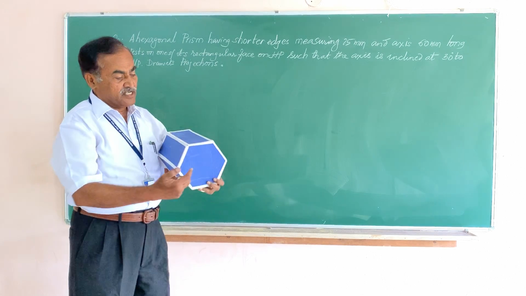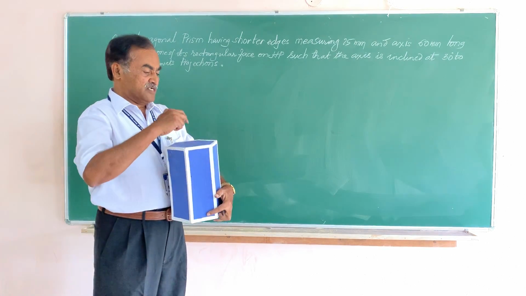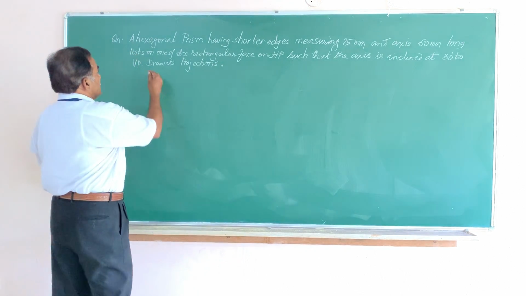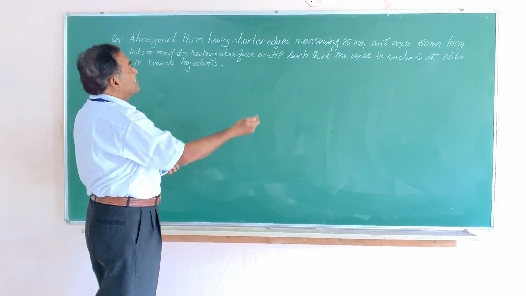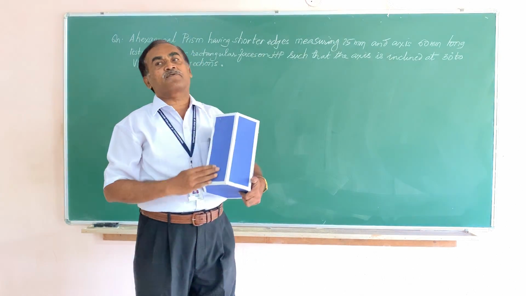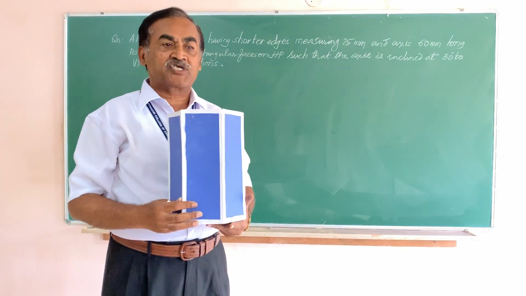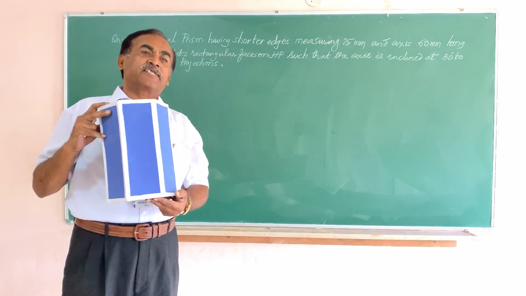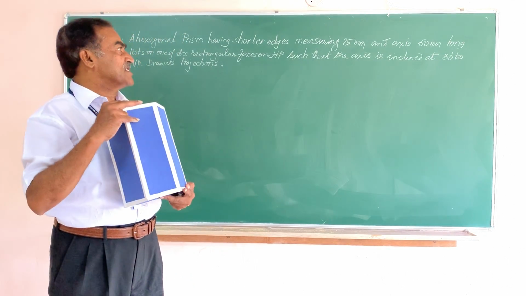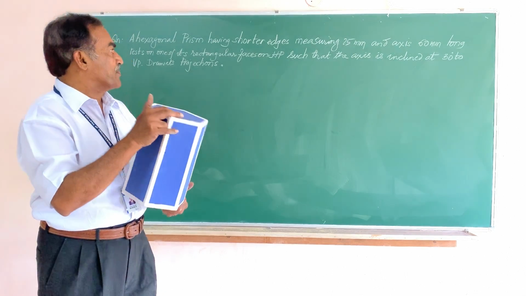Height is measured from the center of the bottom face to the center of the top face, that measures 60 mm. It has to rest on one of its rectangular faces on HP. So there are 6 rectangular faces and we have the choice to select any one of those rectangular faces which is going to be resting on the HP.